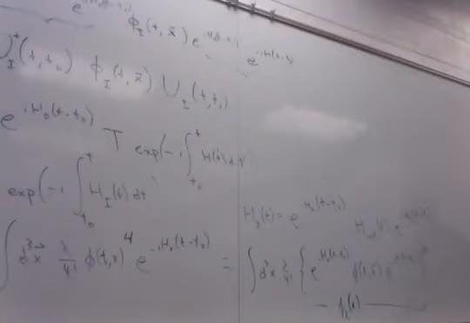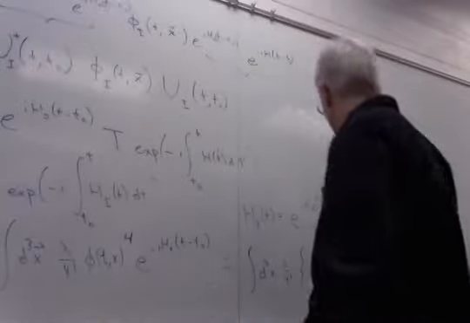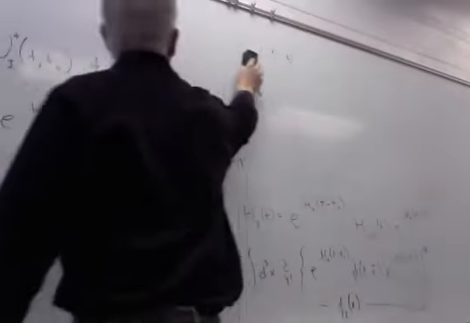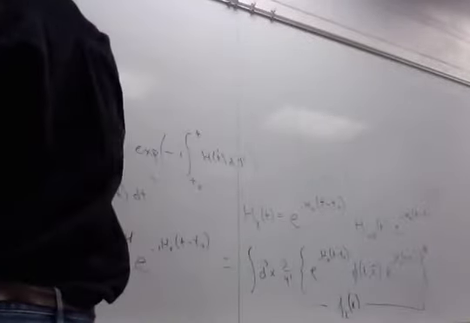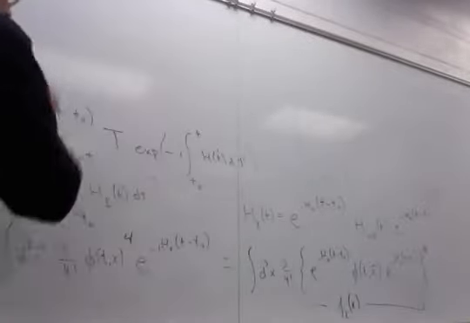It means the interaction picture Hamiltonian, you can write just directly in terms of the interaction picture fields. Just replace the usual fields by the interaction picture fields. Okay.